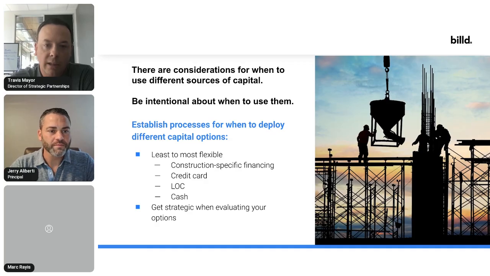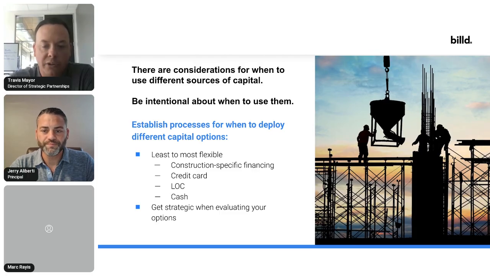Well, you can take on that project as part of your normal process and just deal with the ramifications and the margin erosion. Or you can have a process in place that says, for this GC or for this client, we have X amount in our bid for us waiting 90 days to be paid, right?